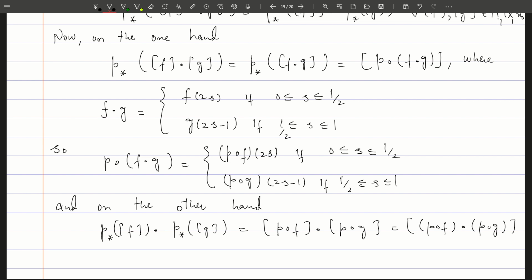where p of f product with p of g, this will be the map p of f of 2s.